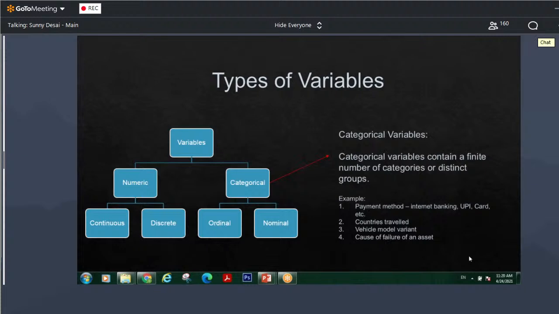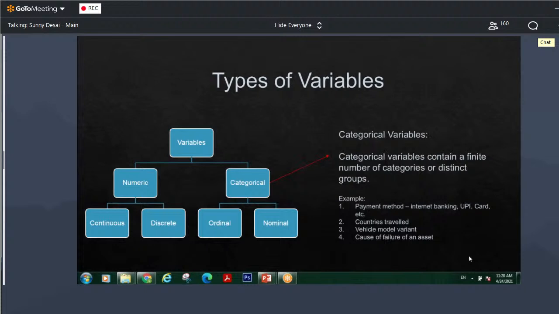So where there is no natural order, what type of variables are those? We are going to look at that in the next slide. But now, either you secure distinction, you secured first class, you secured second class, or you did not pass. Does this have a natural order? Yes.